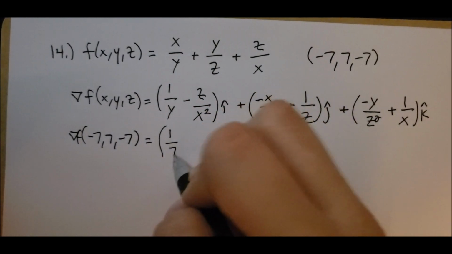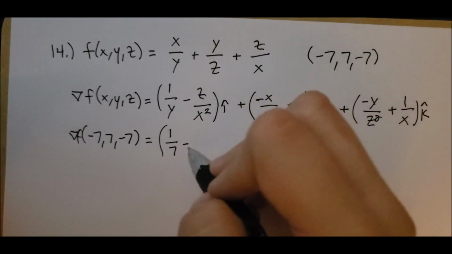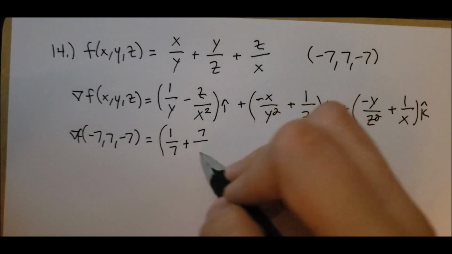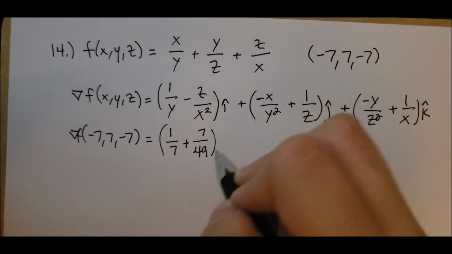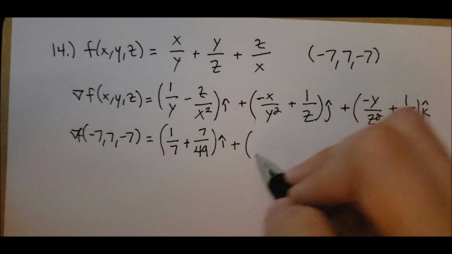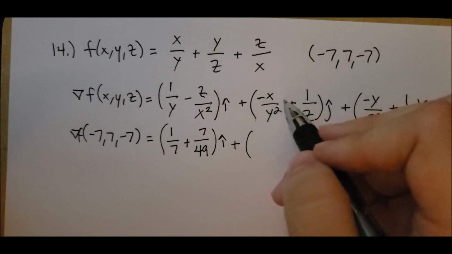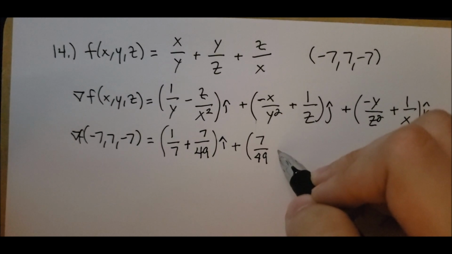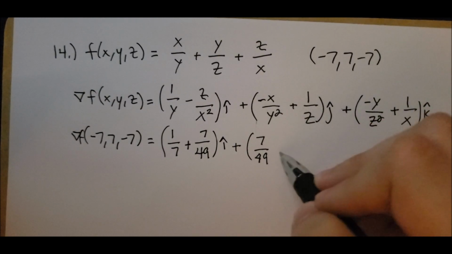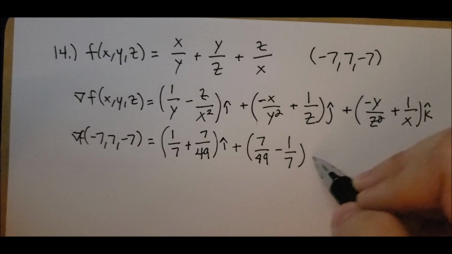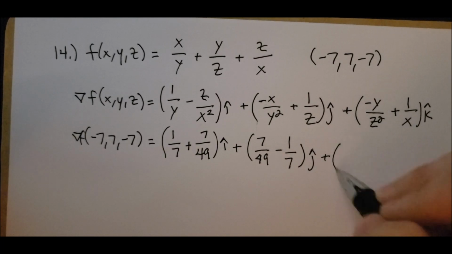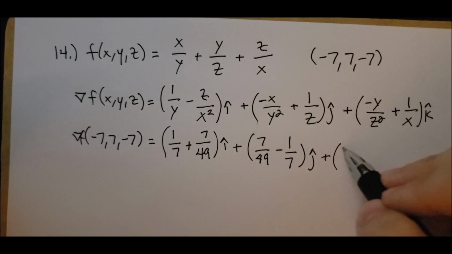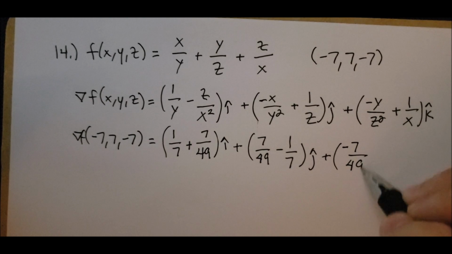So it's 1 over 7 minus -7, so +7 over 49. It's positive. That's gonna be negative. It's negative.